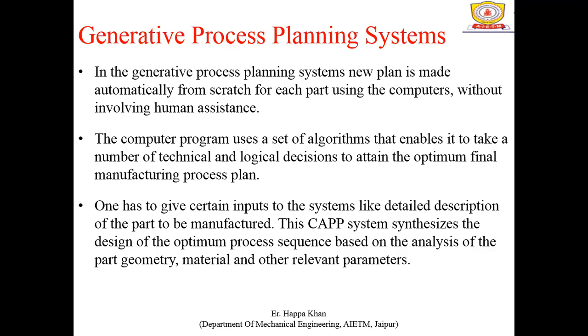Those algorithms run behind the screen, and after that you will get the optimum process plan from the computer. One has to give certain input to the system, like a detailed description of the parts to be manufactured.